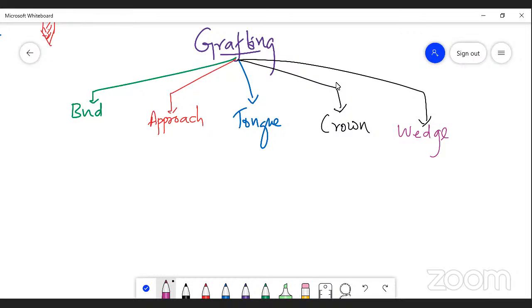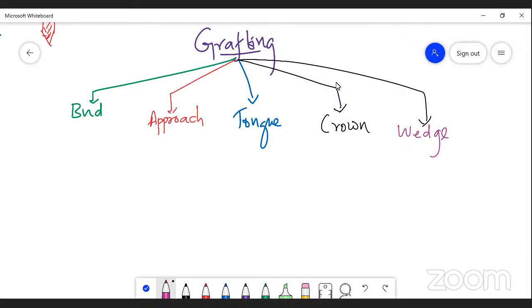I repeat once again, grafting is broadly divided into five types. So I'll explain them one by one.